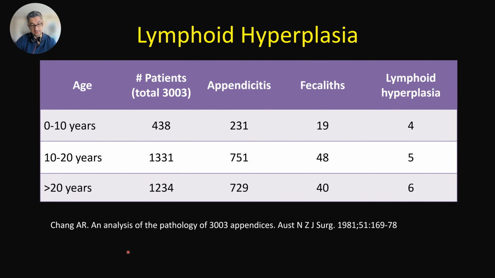In this paper, Chang et al. reviewed more than 3,000 appendices. Most of them are children, and the association of lymphoid hyperplasia and appendicitis is very rare. It's usually the fecalith causing the appendicitis. So the lymphoid hyperplasia should not be overcalled as appendicitis on the ultrasound.